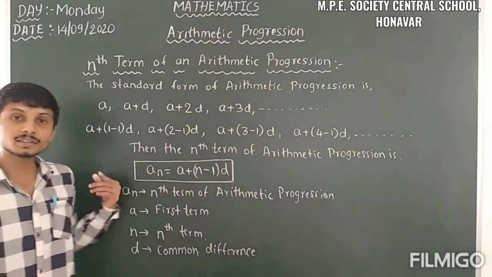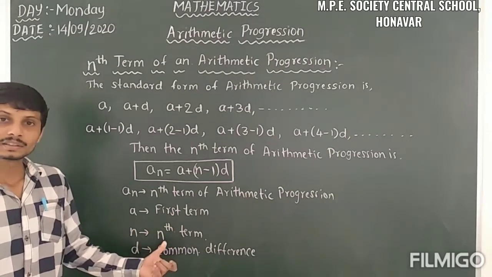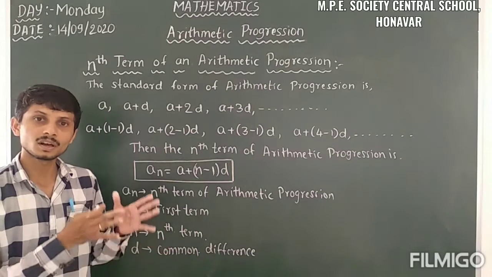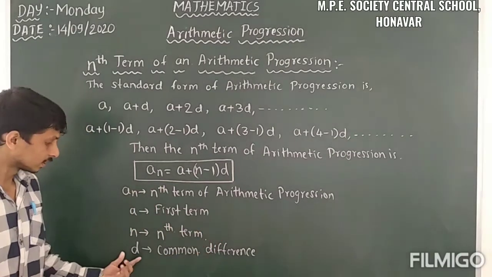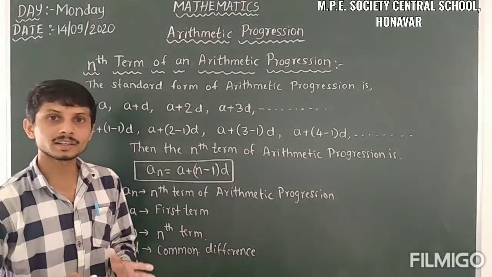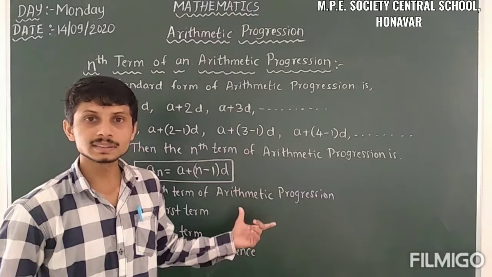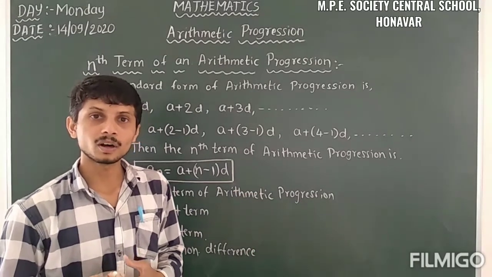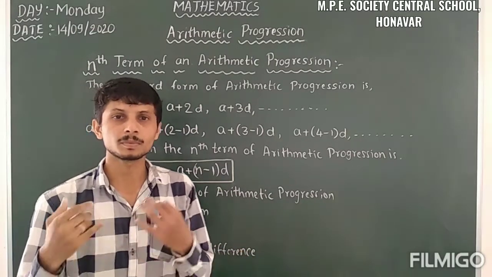So here an is the nth term of an arithmetic progression, a is the first term, and n is the value of n, that means which number, which term it is. So d is the common difference we already have. Using this formula, we can identify or find out the nth term of an AP, any number of terms of an AP.